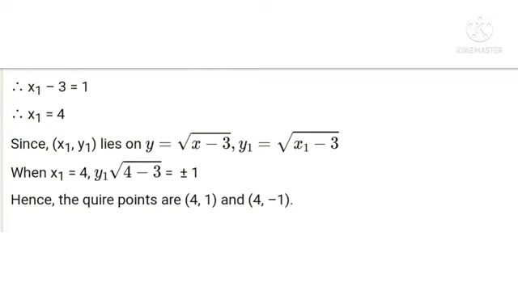Therefore, y1 is equal to root 4 minus 3, that is root 1. Root 1 is plus or minus 1. So the required points are (4, 1) or (4, minus 1). These are the required points. Okay, understand?